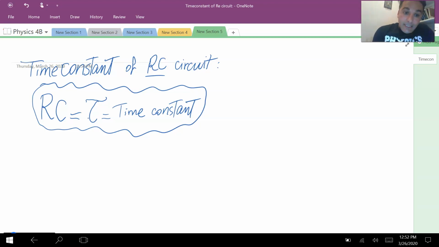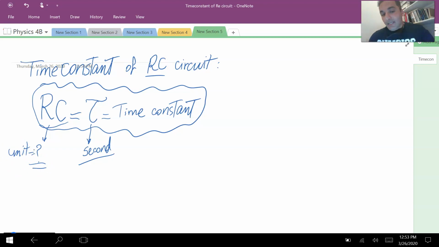So if tau is the time constant, the unit is second, correct? Because the unit of time is second. So what about the unit of RC? Is it second? If it is second, then we can call it time constant. If it's not, it's not.